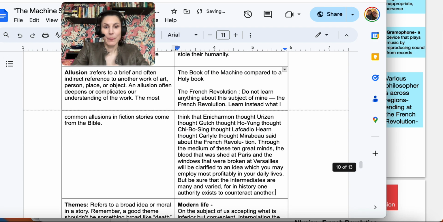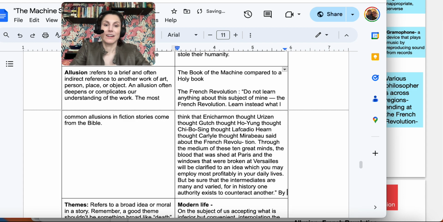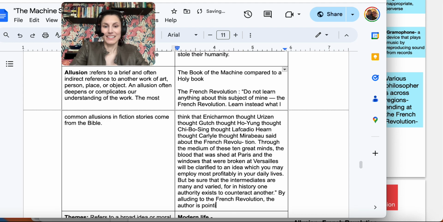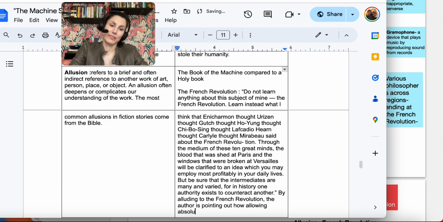we can say this allusion, by alluding to the French Revolution, the author is pointing out how allowing absolute power in a society will be its downfall, right?